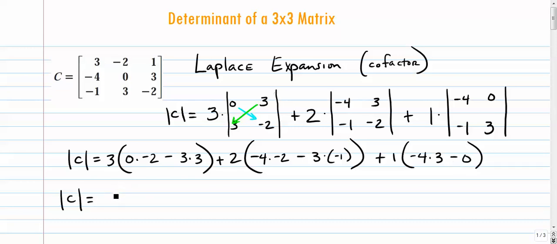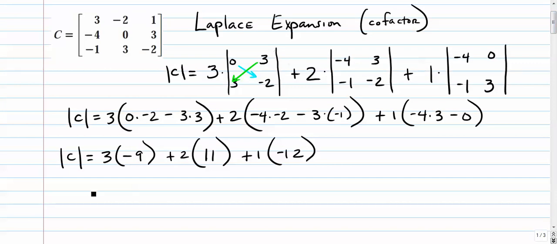So here we go. Continuing to simplify, I've got 0 times negative 2, that's 0, minus 9, plus 2 in parentheses. This is 8. Negative 4 times negative 2 is 8, plus 3, which is 11, plus 1 times the quantity negative 12 minus 0.